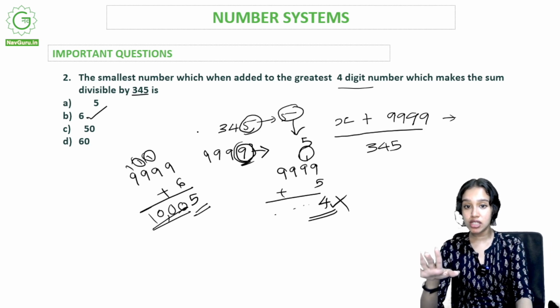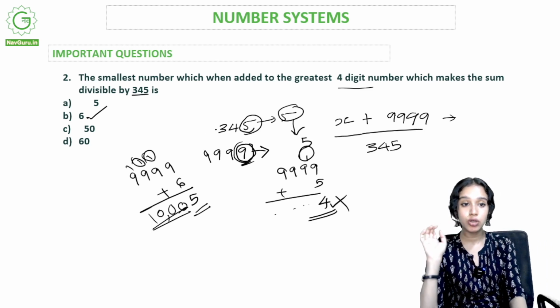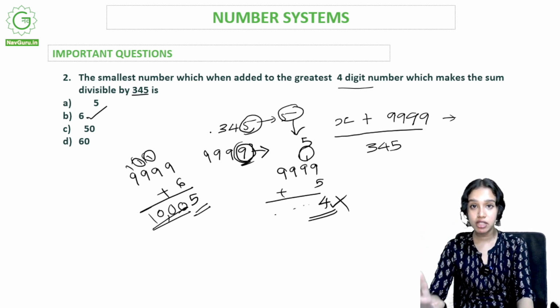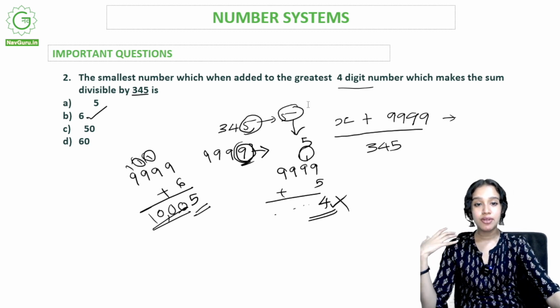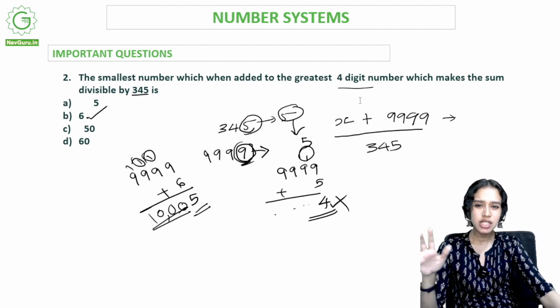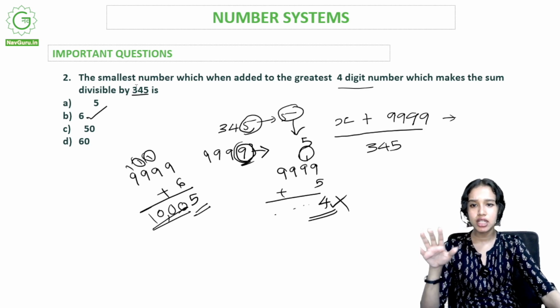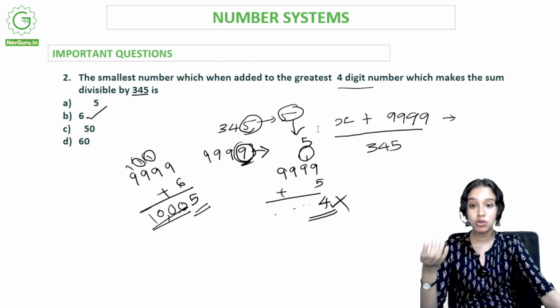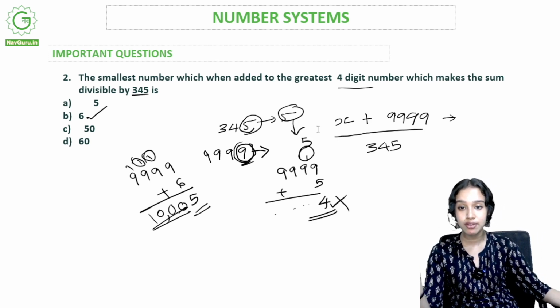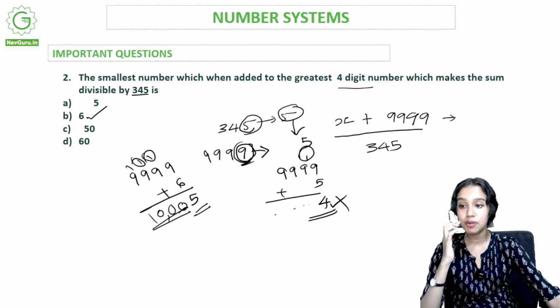It is the smallest number which when added to the greatest 4-digit number makes the sum divisible by 345. The question is actually framed in a tricky way, but still it's a very easy concept. You don't have to worry by seeing a number like 345 because you don't know the divisibility by 345. You find the smallest number you know the divisibility of, which is 5, and then you just find the number.